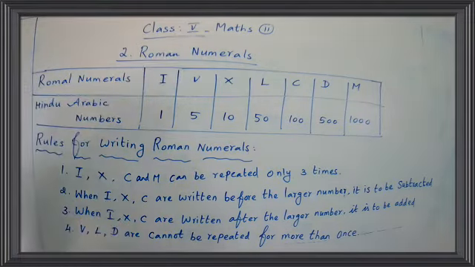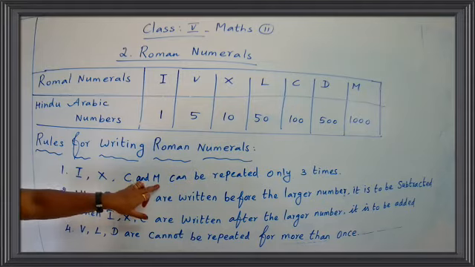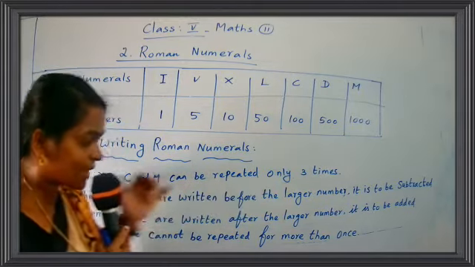Now all of you look at the board. Here some important rules are given. Let us learn some rules that we follow while writing Roman numerals. Listen carefully. Your first rule is I, X, C and M can be repeated only 3 times.